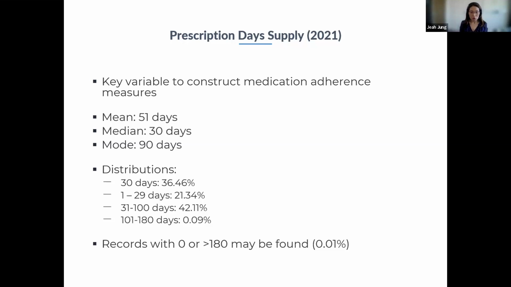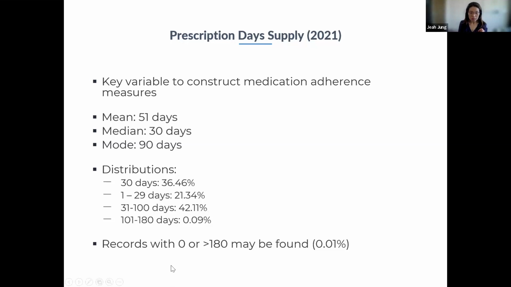Probably it's cheaper, the lower cost sharing for mail order. And here about 36% of prescriptions had 30 days of supply and 42% had days of supply between 31 and 100 days. It's probably 90 days.